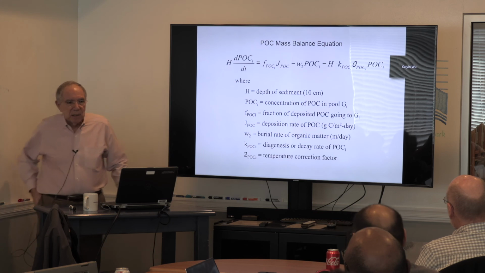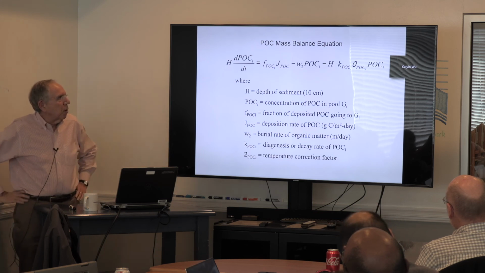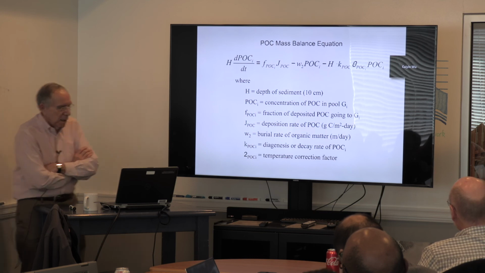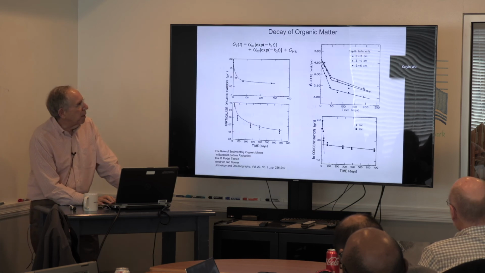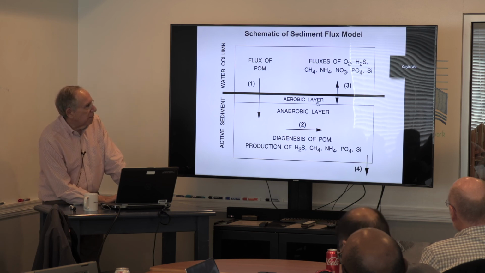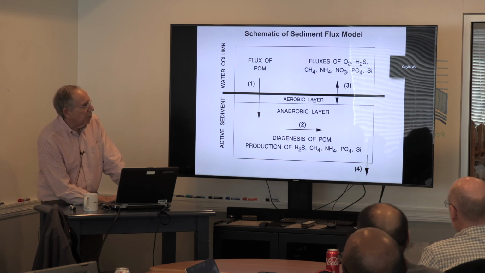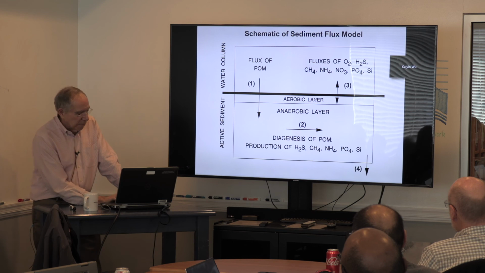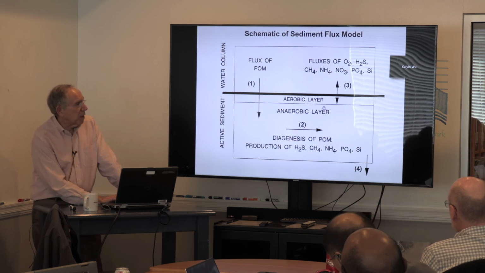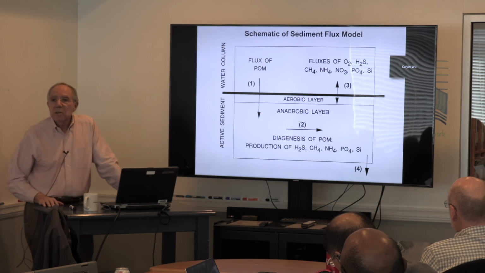Okay, mass balances. So let's build ourselves a model for the decay of particulate organic carbon in a single volume. You can convince yourself that even if the decay of G1 and G2 is relatively rapid in the aerobic layer, the thickness of the aerobic layer is millimeters. The thickness of the anaerobic layer is 5 to 10 centimeters.